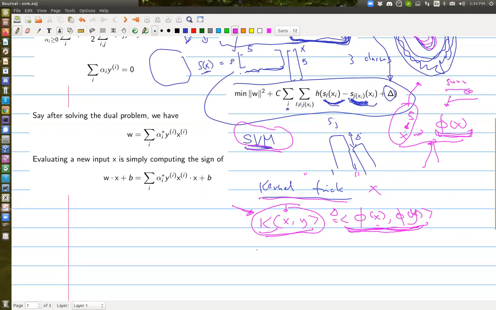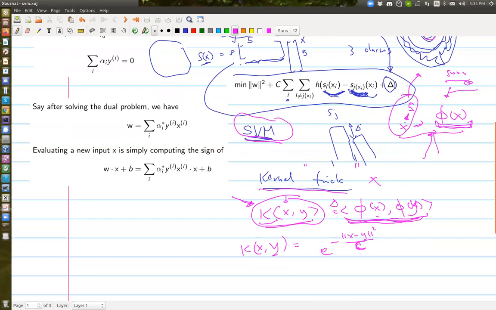For example, a very common kernel people use, which works for vectors of any dimension, is the so-called Gaussian kernel k(x, y), which is based on the second norm of x minus y. Here c is just some parameter, more or less like the variance of the spread of the distribution.